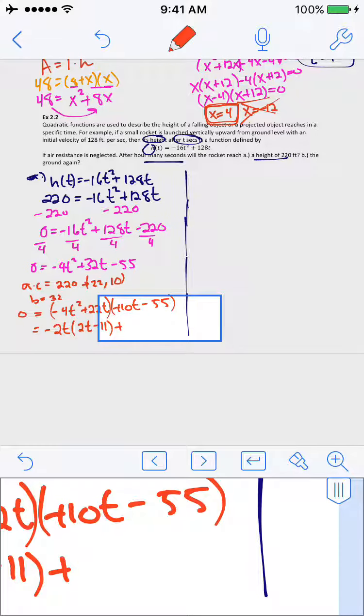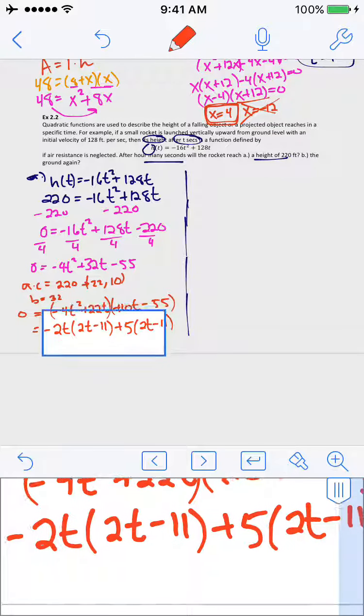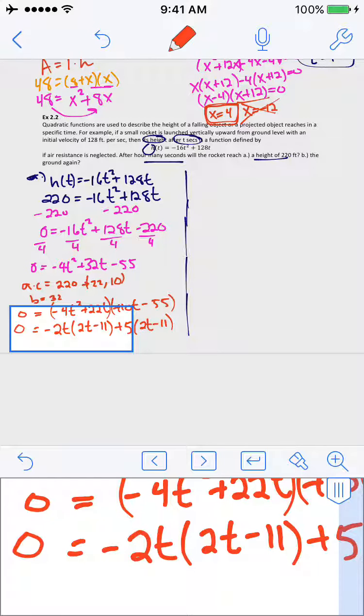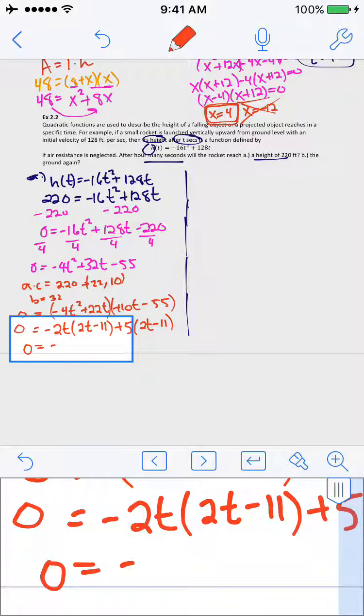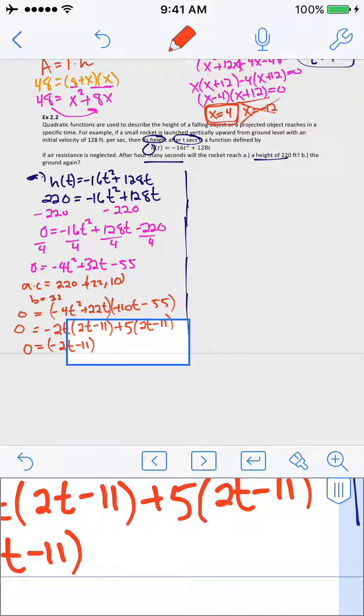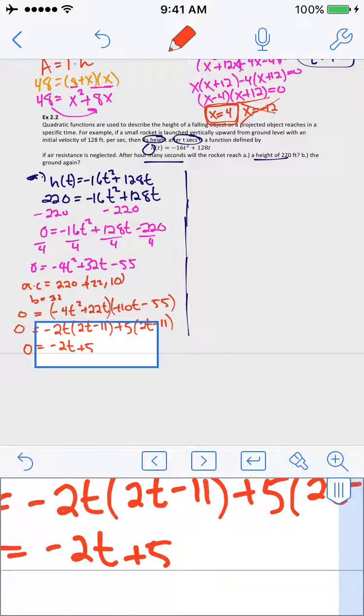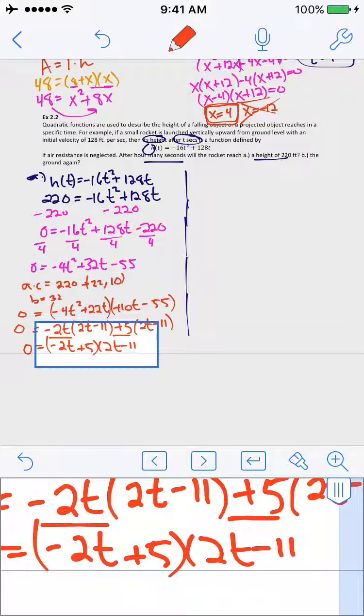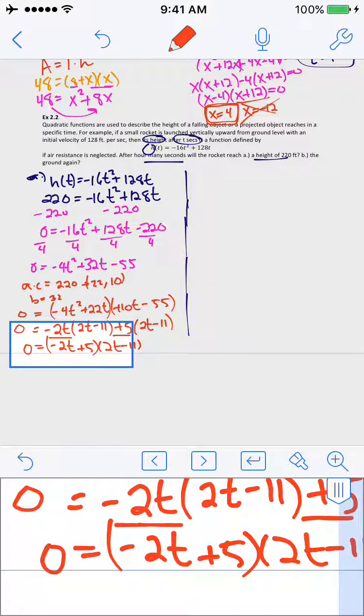They have a positive 5 in common. And I get 2t minus 11. So it looks like 0 is equal to negative 2t plus 5 and positive 2t minus 11, right? So those are our two factors.